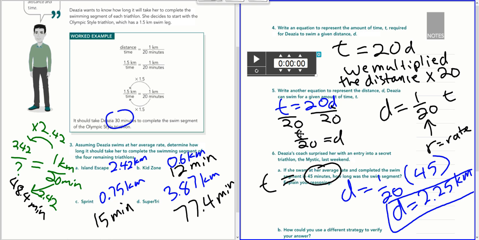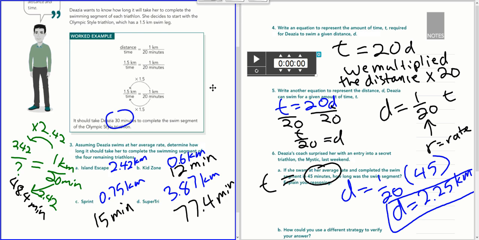I get T over 20 equals D. Which would work, but if we want to get fancy, we could put a 1 in front of the T and slide that T off the edge, so it looks like this: 1/20 times T equals D. In this case, that 1/20 is our rate. I can multiply T times 1 over 20 and I get our distance.